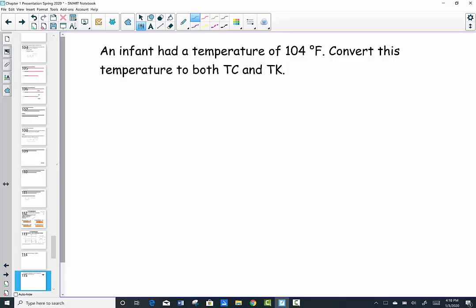An infant had a temperature of 104 degrees Fahrenheit. What would that temperature be in both the Celsius and the Kelvin scale? So let's do the Celsius first. The Celsius scale says I can convert that by taking the Fahrenheit, subtracting 32, and putting it over 1.8.